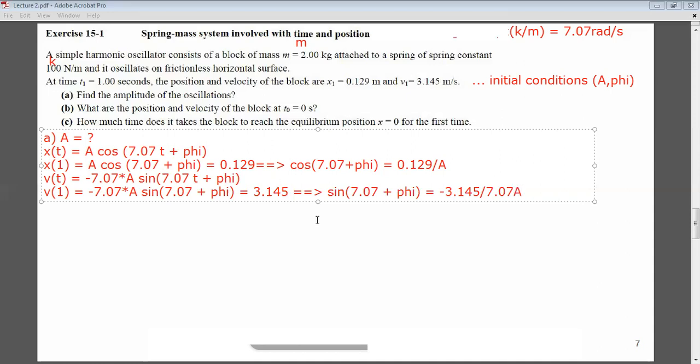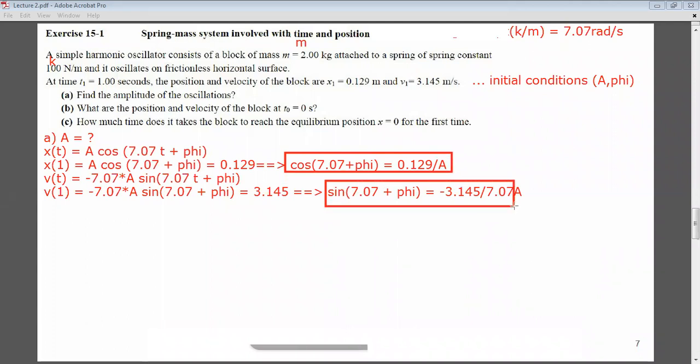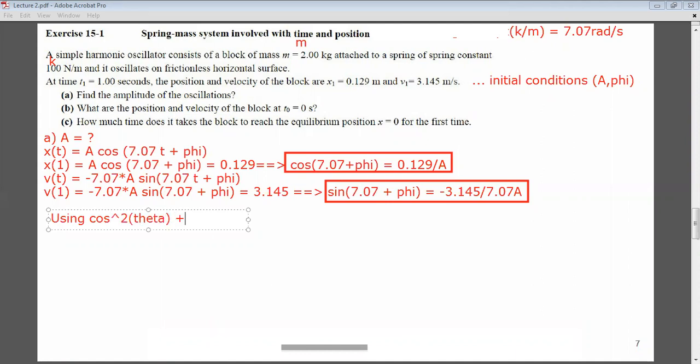Okay, now so these are the two equations I have here. This equation and this equation, these are the two equations I got from the initial conditions. This is equation 1, this is equation 2. Now, cosine function equal this much, sine function equal this much. Do you all remember this equation? Cosine square theta plus sine square theta is equal to 1. Do you remember this formula?